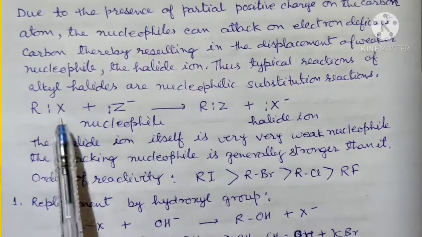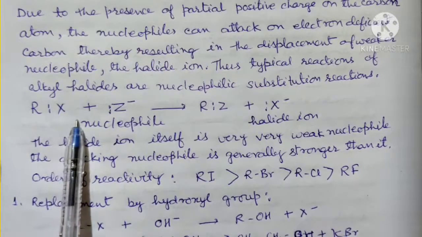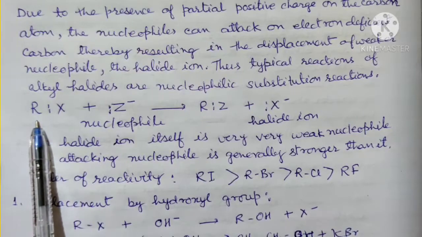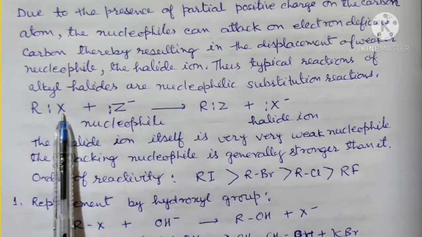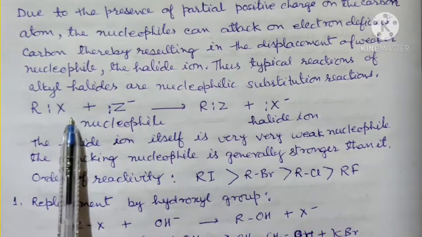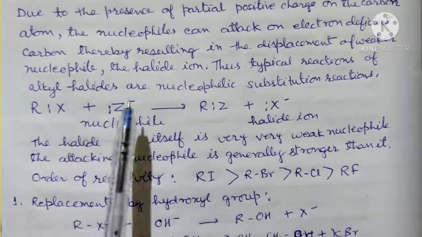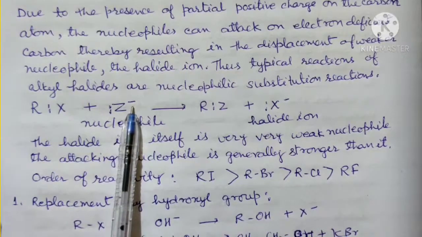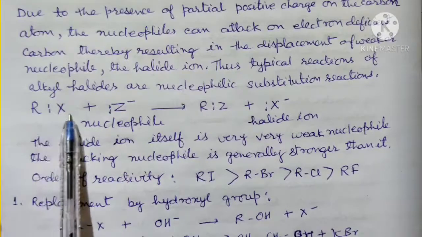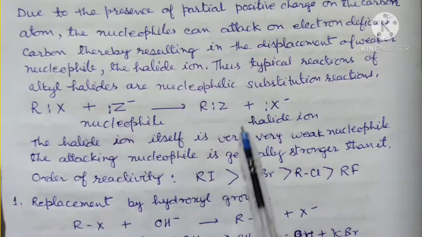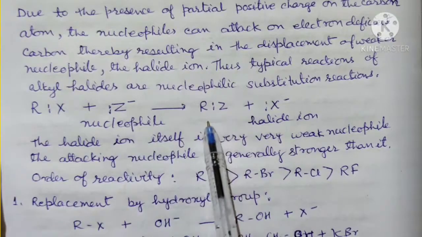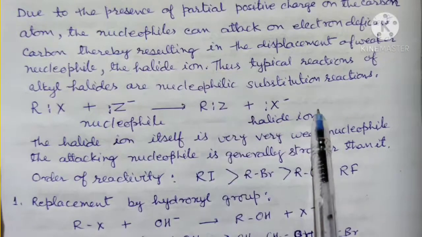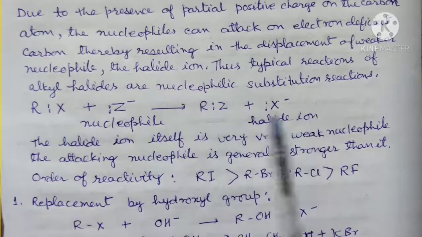And now we can represent the general reaction of nucleophilic substitution. R is any alkyl radical, X is a halogen, particularly chlorine, bromine and iodine, and Z is a nucleophile. There is a substitution of the halogen atom by the nucleophile, so the product will be RZ plus the halide ion. This is the general reaction.